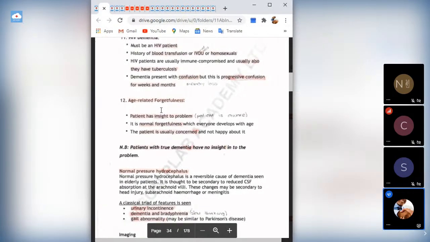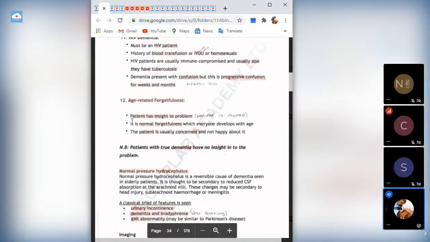So in age-related forgetfulness, the patient has insight. In fact, they come and complain that I cannot remember, I tend to forget things a lot. It's just age-related and it's bound to happen. Some persons more than the others anyway, but it's bound to happen. But so far the patient has an insight into what the issue is, you don't have to think it's dementia.